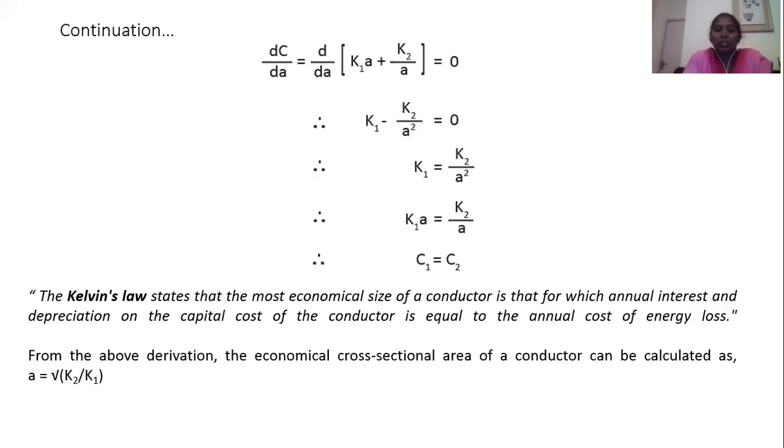So Kelvin's law states that the most economical size of the conductor is that for which the annual interest and depreciation cost is equal to the annual cost of energy loss. From that, I can find the area of cross section to be selected for an economical conductor size for designing the transmission line. So A will be equal to square root of K2 by K1.